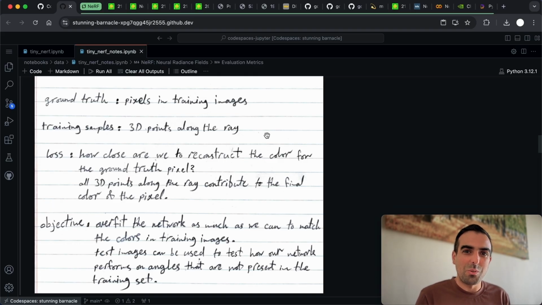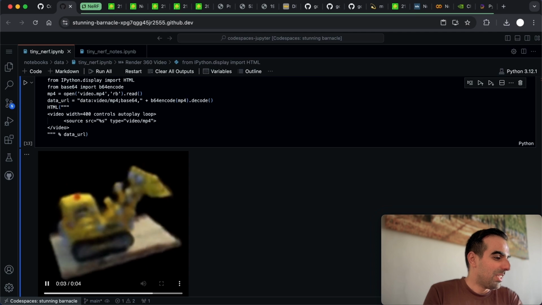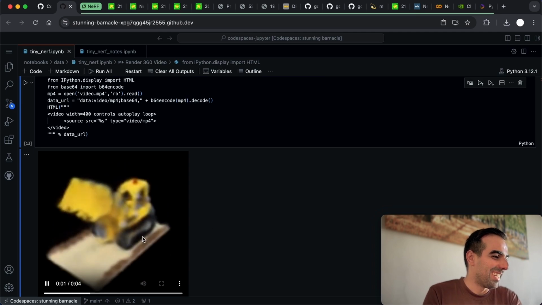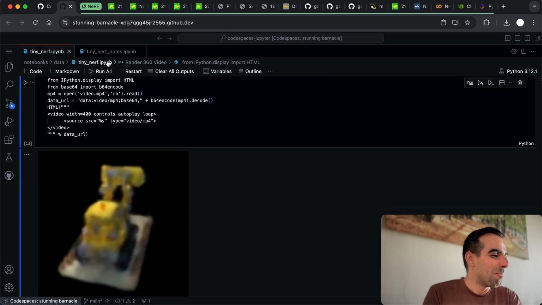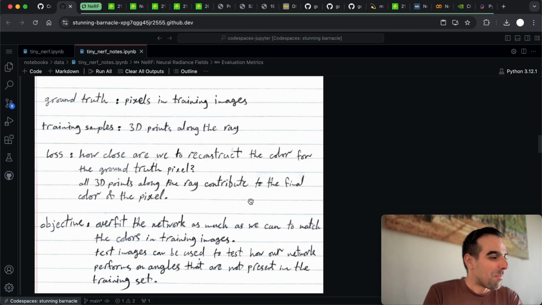This shows you why NeRF is so slow and why you have to install a GPU. When I started to run NeRF, I tried to run it on a CPU, but it was extremely slow. I only ran the tiny NeRF, and you can see the results here are not so good, but I managed to run it on a CPU. So this shows you NeRF is computationally heavy, and it requires so much computation power.